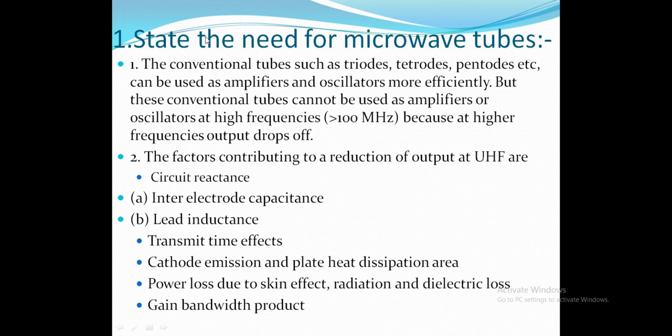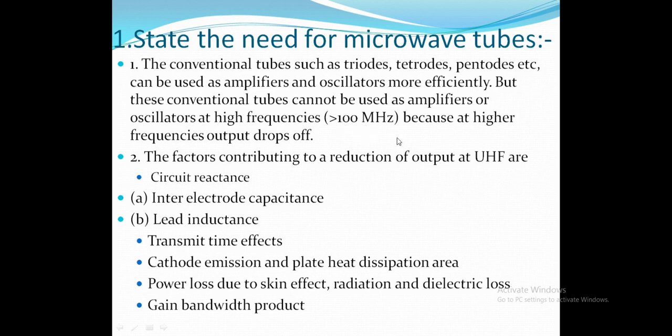Conventional tubes such as triodes, tetrodes, pentodes, etc. can be used as amplifiers and oscillators efficiently, but these conventional tubes cannot be used as amplifiers or oscillators at high frequencies.